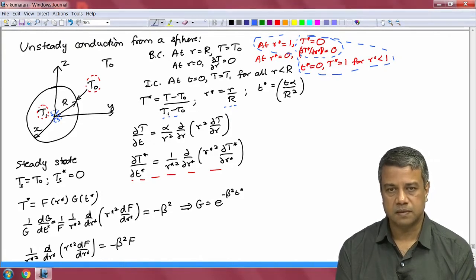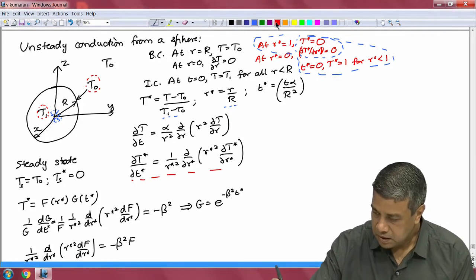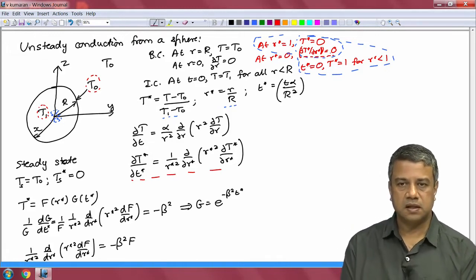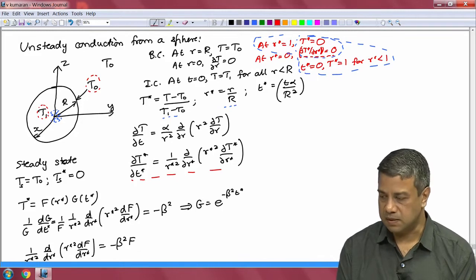That condition resulted in a condition that the derivative has to decrease to 0 at the origin in this coordinate system, and at initial time T star is equal to 1.